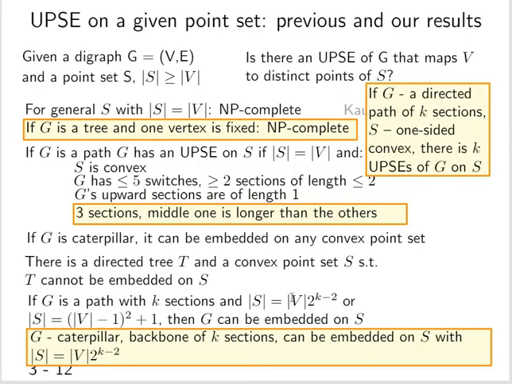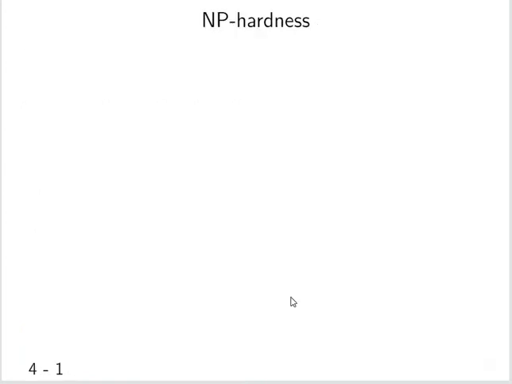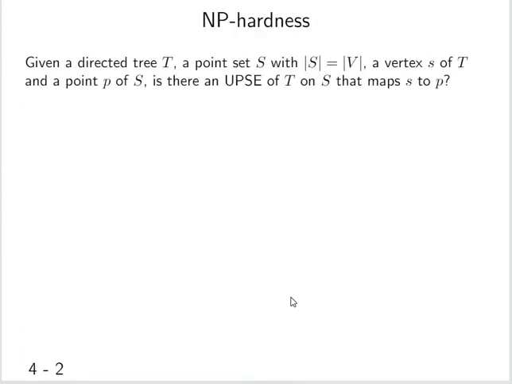And let me just illustrate a couple of them. So first of all, NP hardness. Again, we have a directed tree, a point set of the same cardinality as the set of vertices of our tree, a fixed vertex S of our tree, and a fixed point P of our point set.